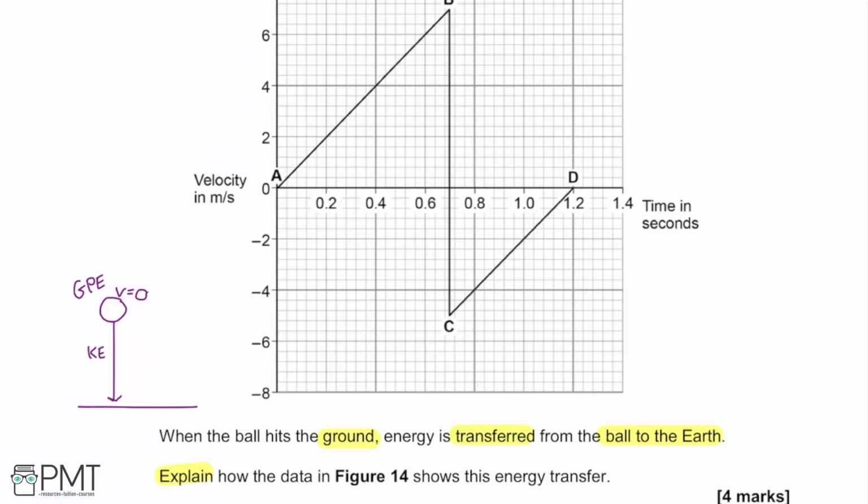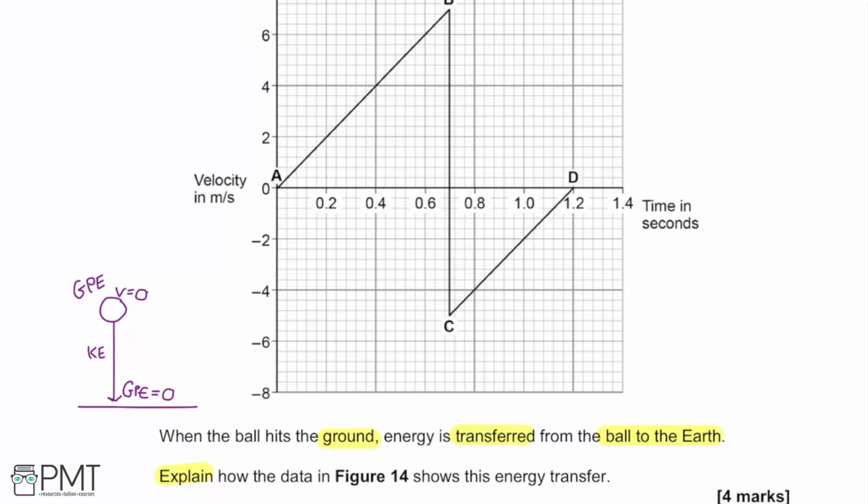So this gravitational potential is converted into kinetic energy, and then as soon as it hits the surface of the Earth, it's going to have a GPE of 0 because it's no longer suspended above the Earth, but it's going to have a greater kinetic energy because this energy has been converted. However, then, energy is going to be transferred from the ball to the Earth in this part of the interaction.